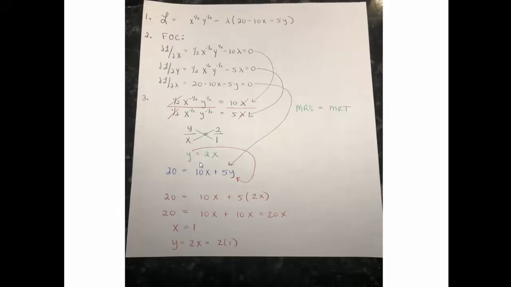This tells us the consumer is going to choose to buy twice as much y as she does x. And then to find those values of y and x, we're going to plug into the budget constraint, which is exactly the third first order condition. Doing the math gives us the same result that in this example, the best bundle she can buy, given her budget constraint, is 1 x and 2 y's.